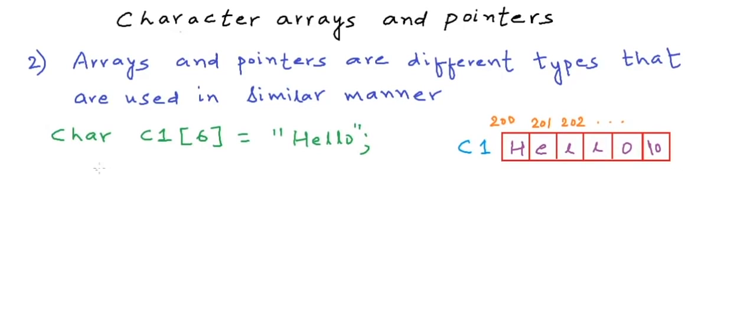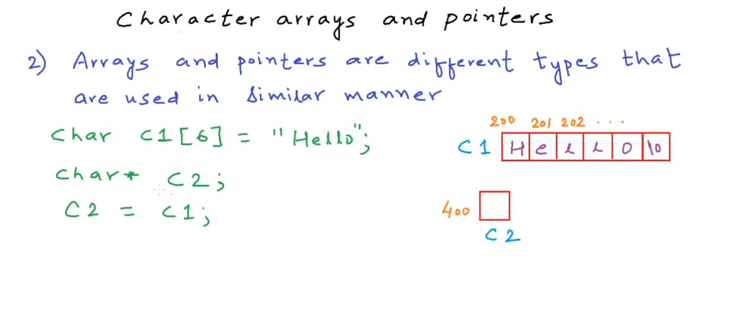Now I'll declare a variable which is a pointer to character. Let's name this C2. So let's say we get this variable C2 somewhere in memory. A pointer variable in a typical architecture is stored in 4 bytes, so this variable will also have some address. Let's say this variable is at address 400. I'm just picking these numbers for example's sake. Now we can write a statement like this: C2 is equal to C1.